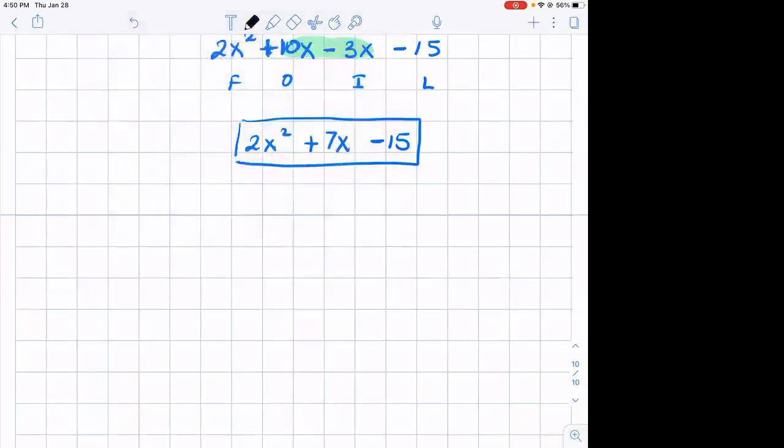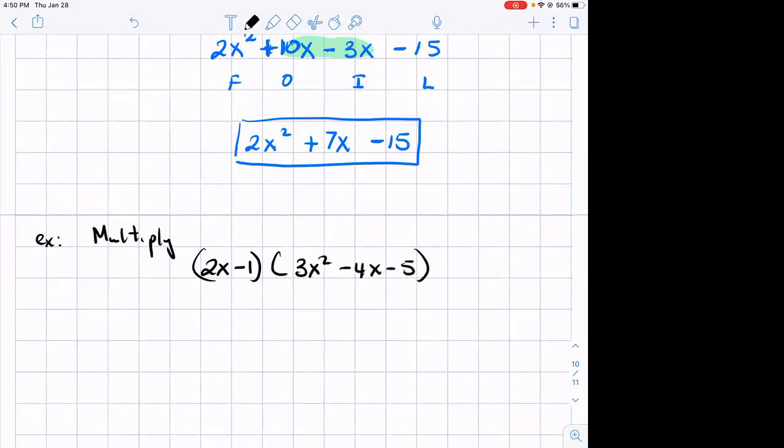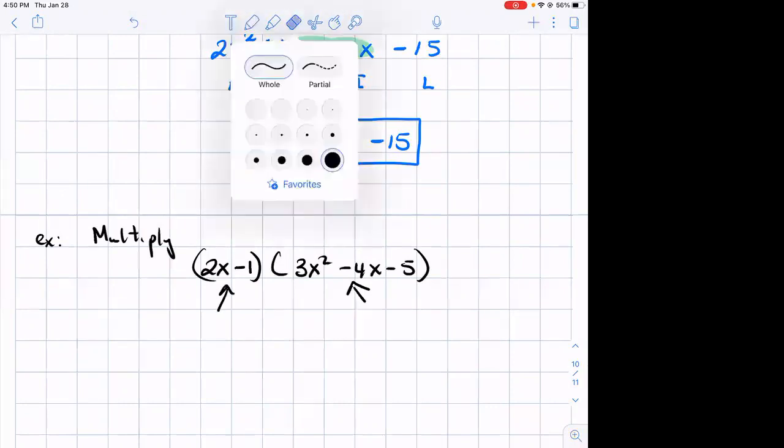So look at another example. Multiply 2x minus 1 times, so a binomial now, 3x squared minus 4x minus 5. So in this case, we cannot say FOIL because this is a binomial, 2 terms, and this here is a trinomial, 3 terms. But the idea is the same.